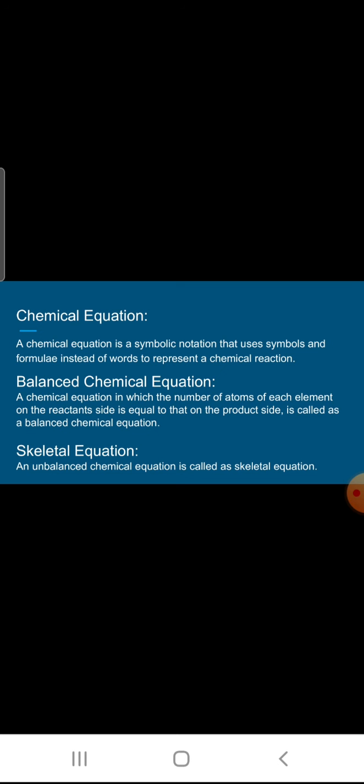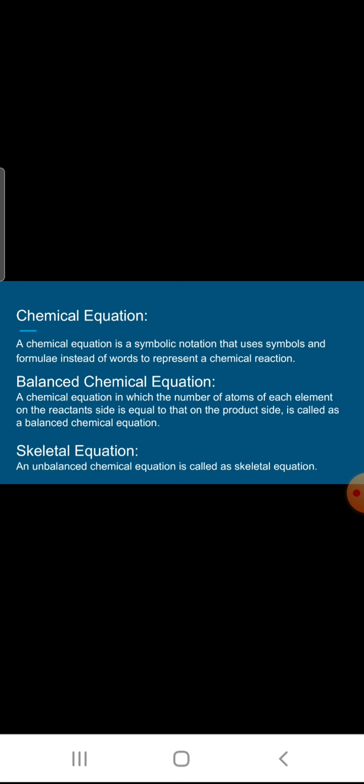Now here you can see in the reactant side, one atom of magnesium combined with two atoms of oxygen to give out magnesium oxide. So if we are comparing the number of atoms of each element on both sides, the number of the atoms of oxygen is not same.